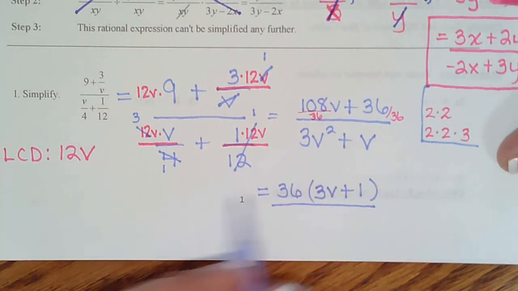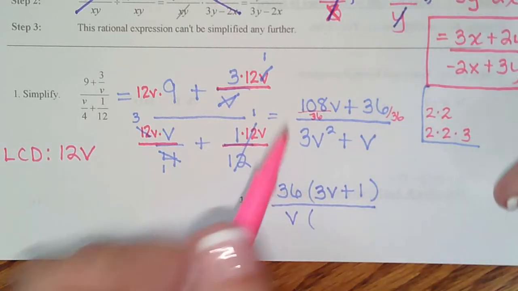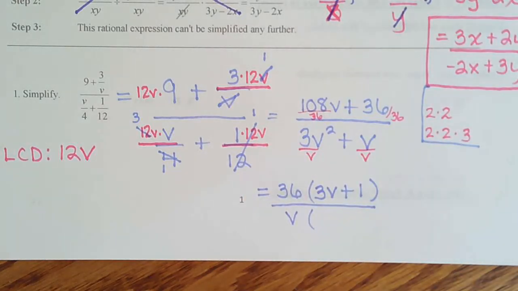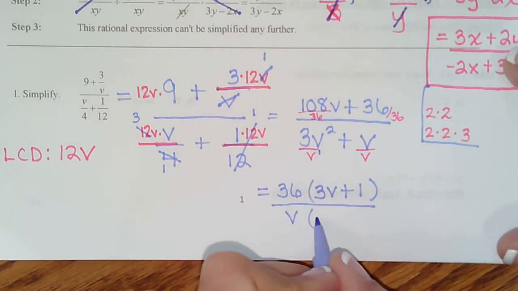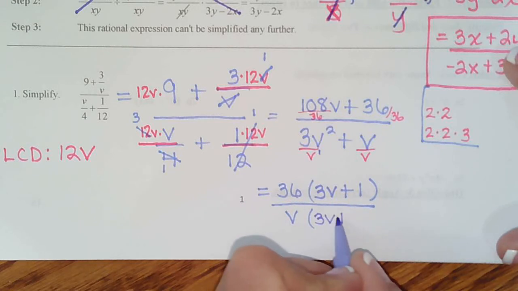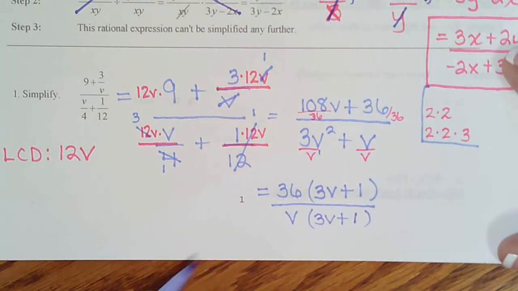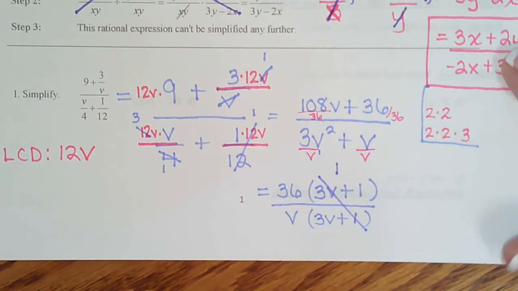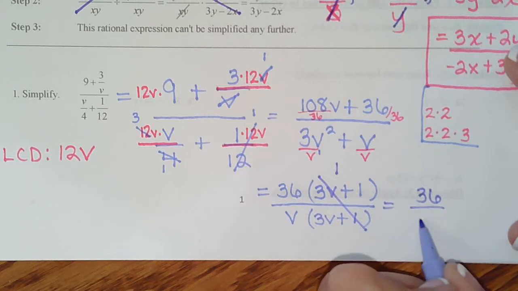What's common? V. So now I can take a v out of each term and write what's left in parentheses, and then I can look for something common. So 2 minus 1 is v to the first, so I have 3v to the first, plus anything divided by itself is 1. And look at that. Ding, ding, ding, ding. Common factor. So my simplified answer is simply 36 over v.